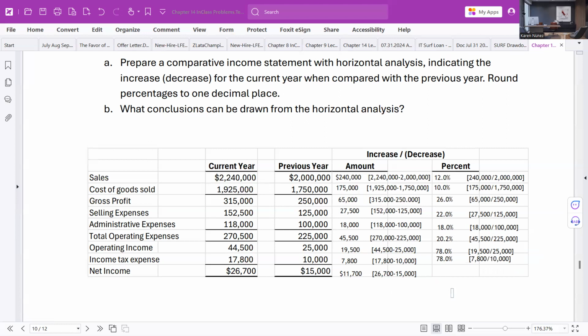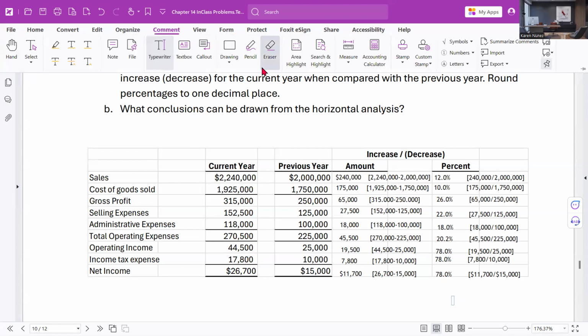And then lastly, that $11,700 increase in net income, 11,700 divided by the 15,000 is a 78% increase in that net income. So we get some sense for what things are happening when we look at changes in these line items.